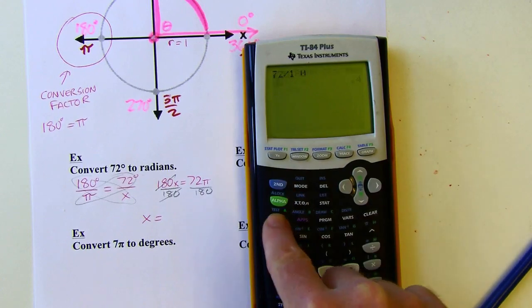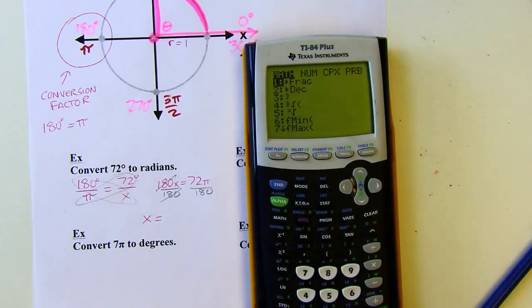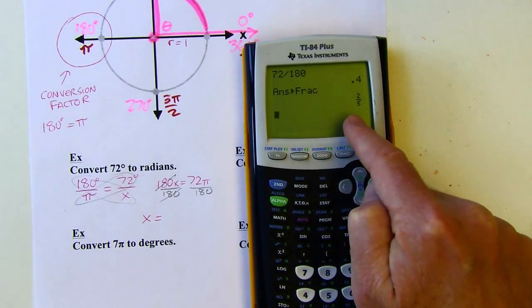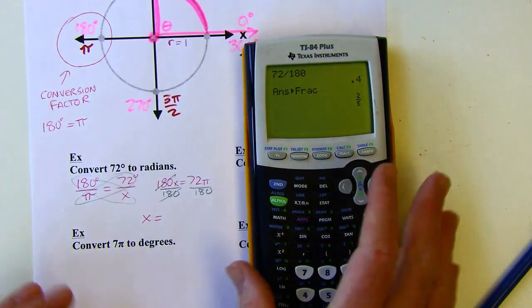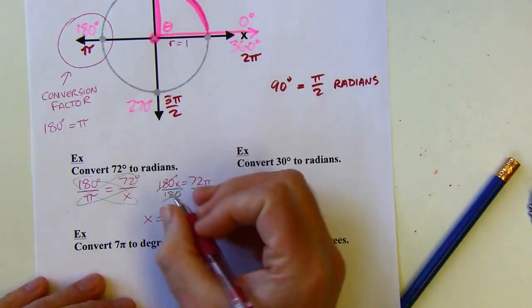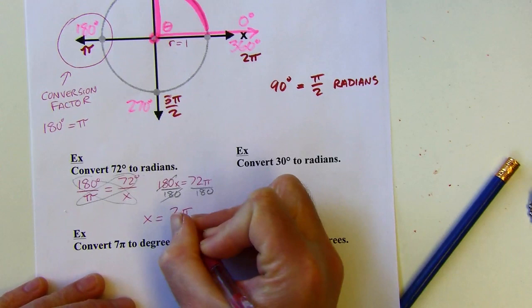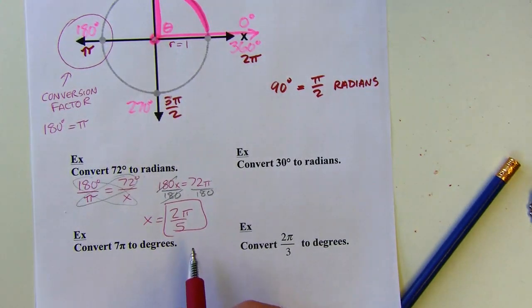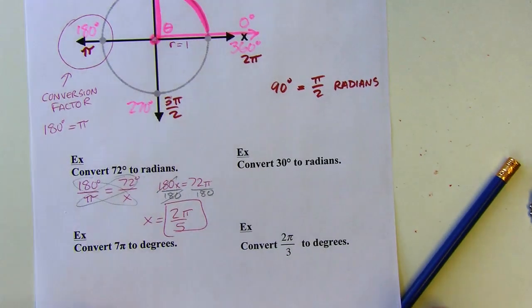I could hit the math button and then change it to a fraction, first option, and then it's reduced. Nice little short way. So 72 over 180 reduces to 2/5, so this is going to be 2 pi over 5. So 72 degrees is equivalent to 2/5 pi radians.